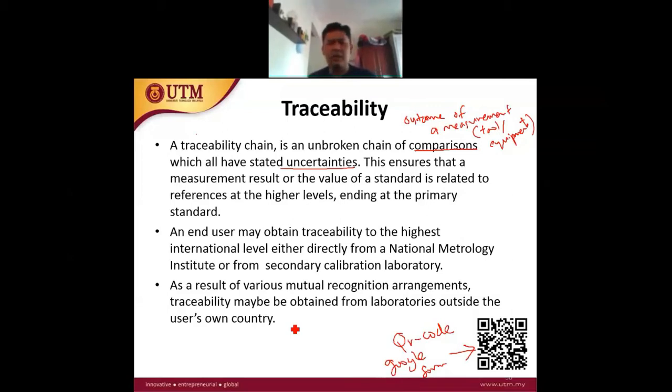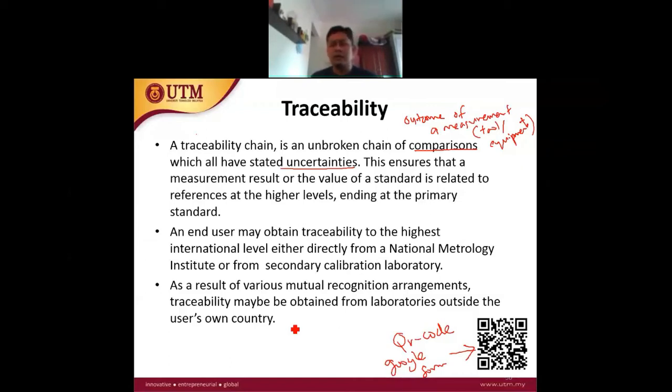It's like your vehicle. If your vehicle registration has expired for a long time and you want to register for a new registration, you need to go for inspection and send your vehicle to Puspakom. So there is a process of traceability, where you want to verify the performance of your car in terms of safety. Of course, in Malaysia, Puspakom monopolizes the vehicle test.